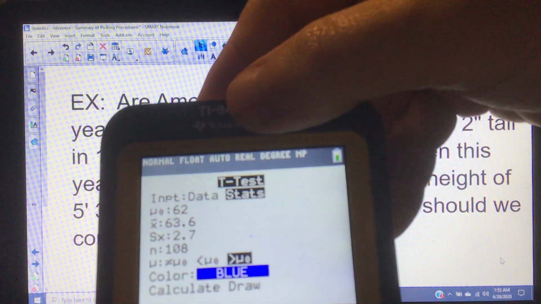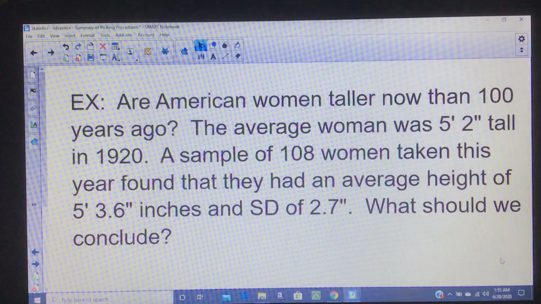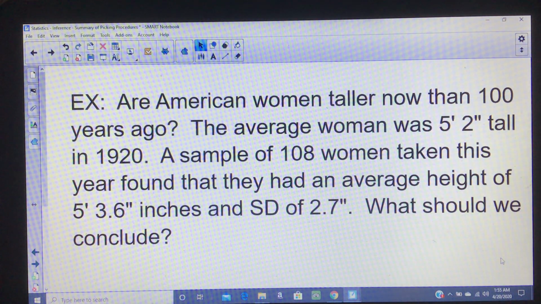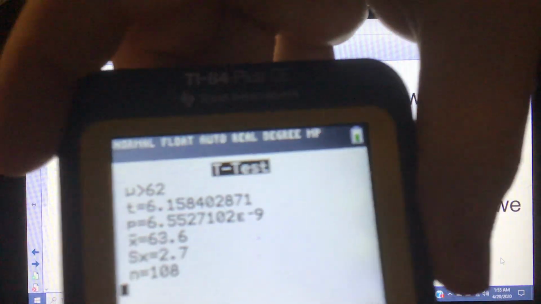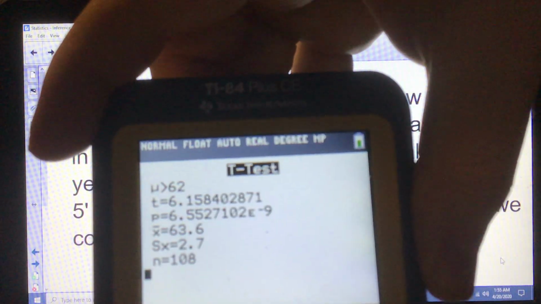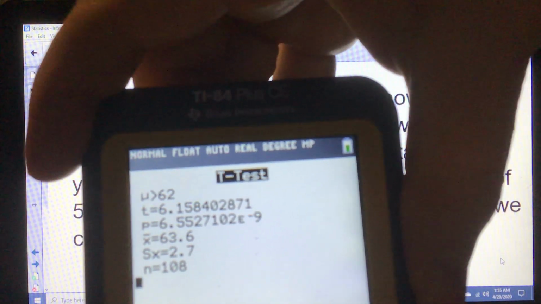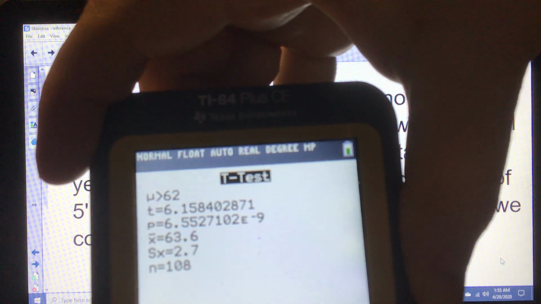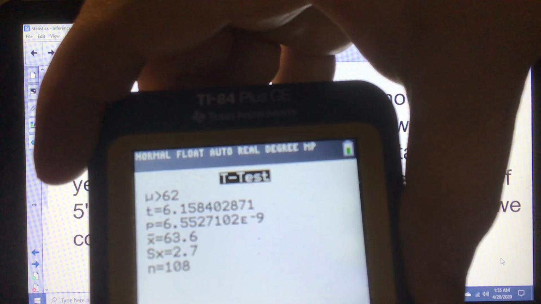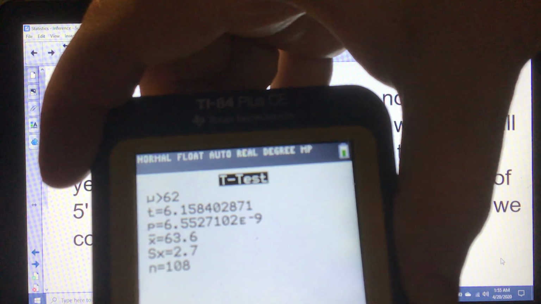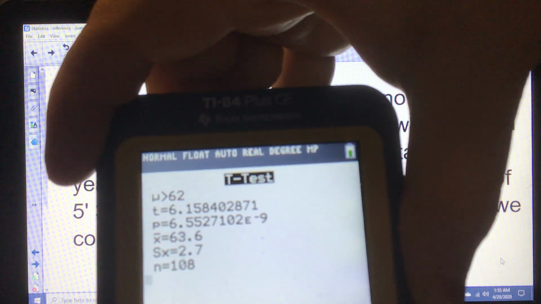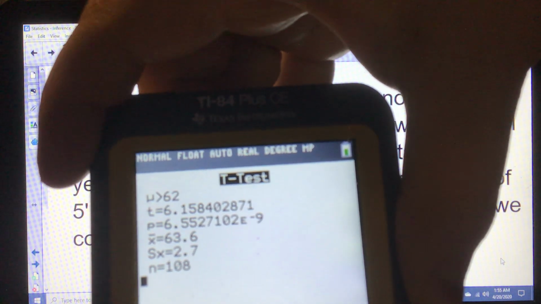I'll show both. Calculating is the big thing you want to do. If you calculate, it gives you the t-score. So basically our sample, if the null is true, our sample's 6.15 standard deviations away. That's hard to do if the null is true. It also gives me the p-value.